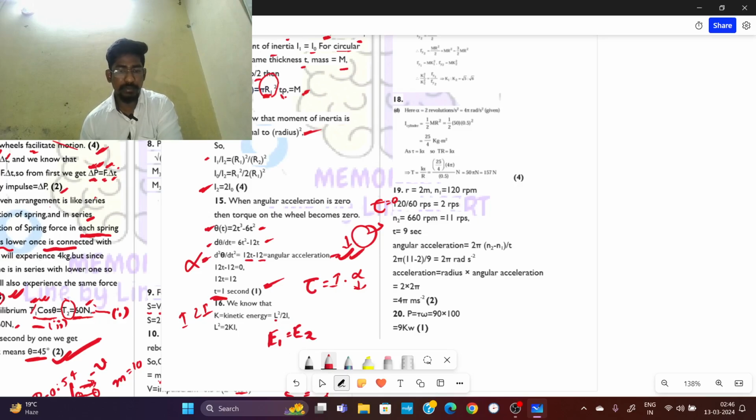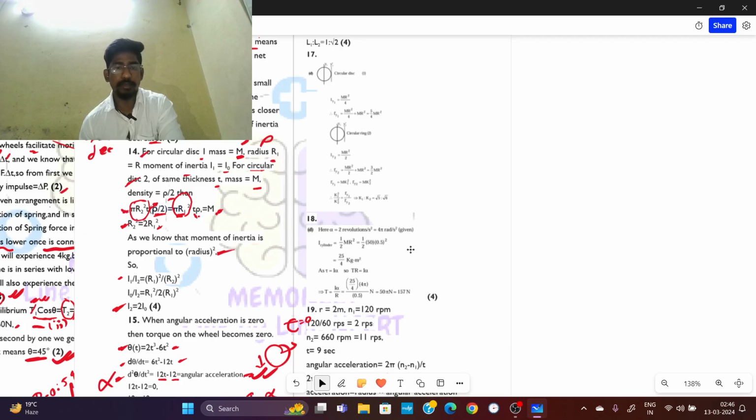The kinetic energy is given by the formula L square by 2I, where L is the angular momentum, K is the kinetic energy, and I is the moment of inertia. Okay, moving on.